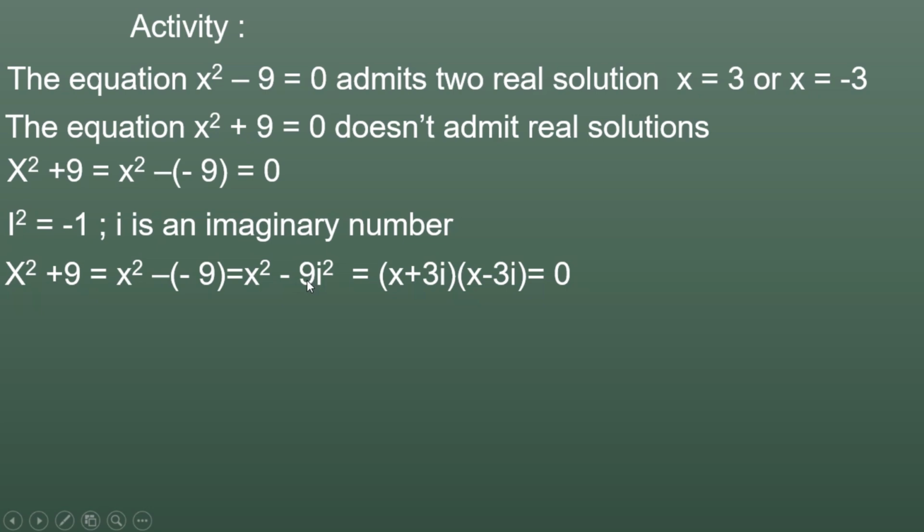X squared minus 9i squared can be written as x plus 3i into x minus 3i. So take it equal to 0. We get x equals minus 3i or x equals 3i. 3i and minus 3i are complex numbers.